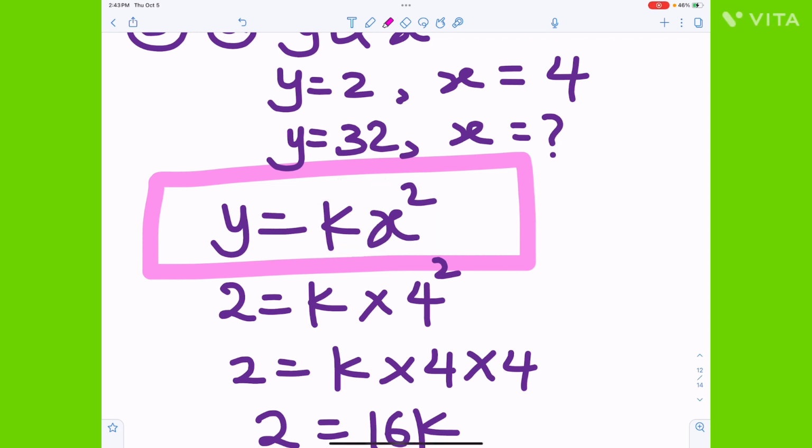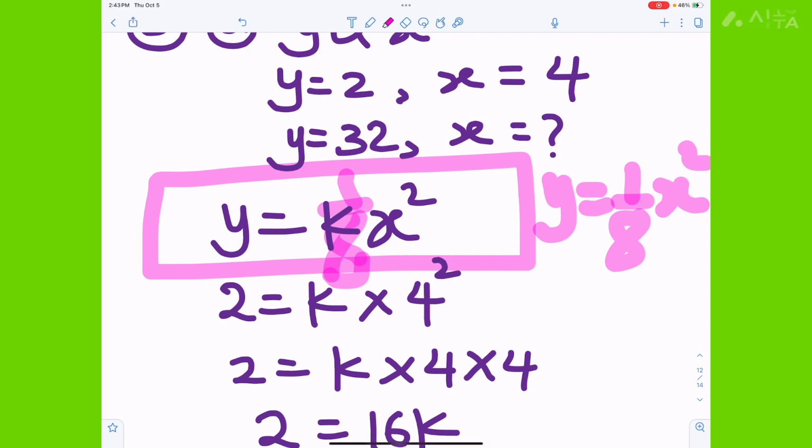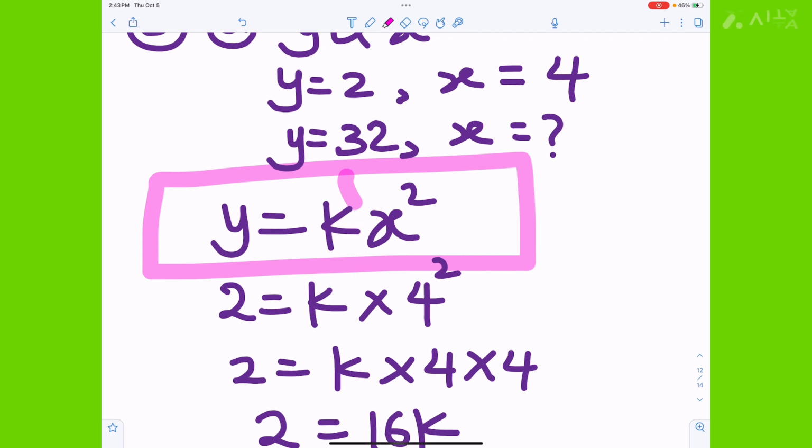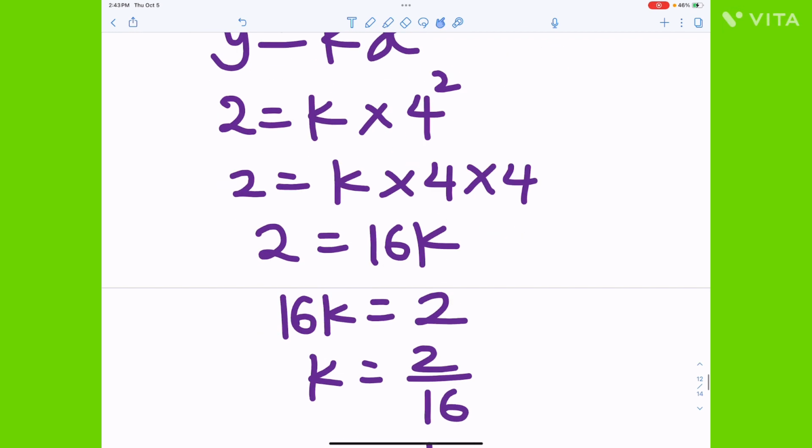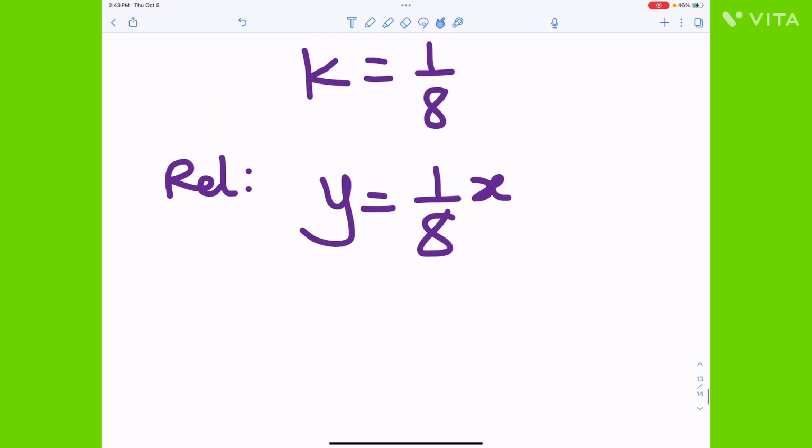But now that I know the value of k, I can just put my 1 over 8 here. So y is equal to 1 over 8 times x squared. That's my relationship between y and x.